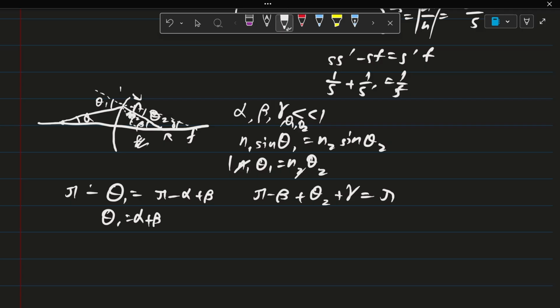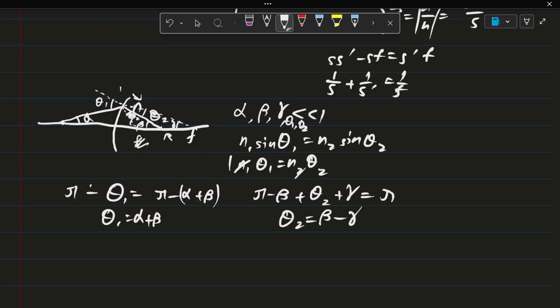Technically this one should also be pi minus theta 1 plus alpha plus beta, because it's just the way that you could derive a relation from the geometry. So you would get the relation here, theta 2 is beta minus gamma.